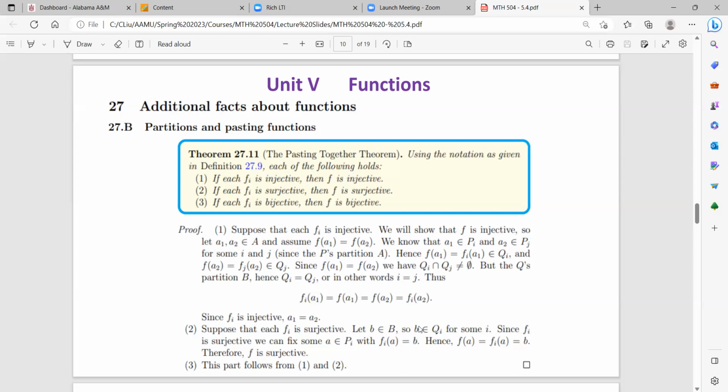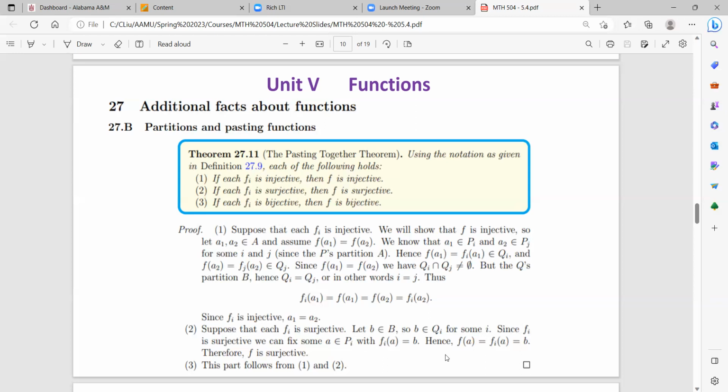So b must be from one of those Q_i. And the function f_i is defined from P_i to Q_i. So because each f_i is surjective, that's the precondition, there must be some element in P_i such that f_i of that element equals b. We call this element a.